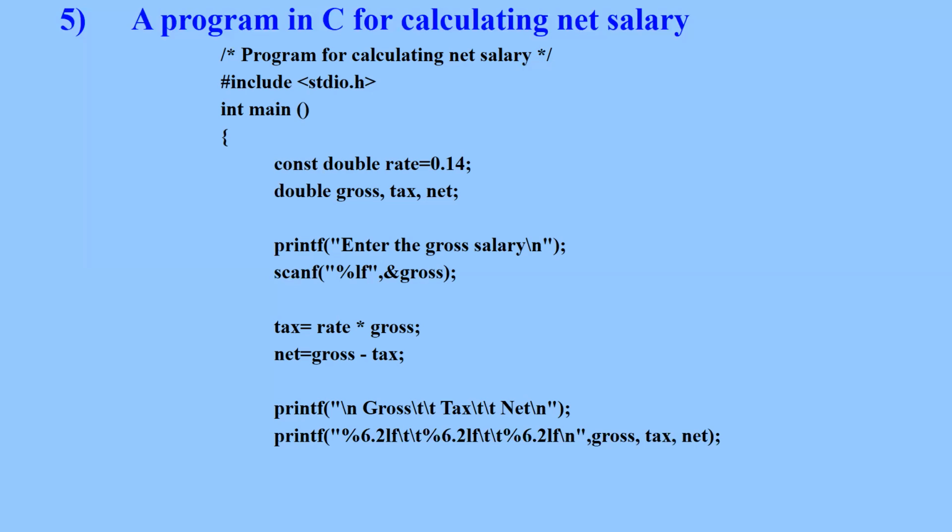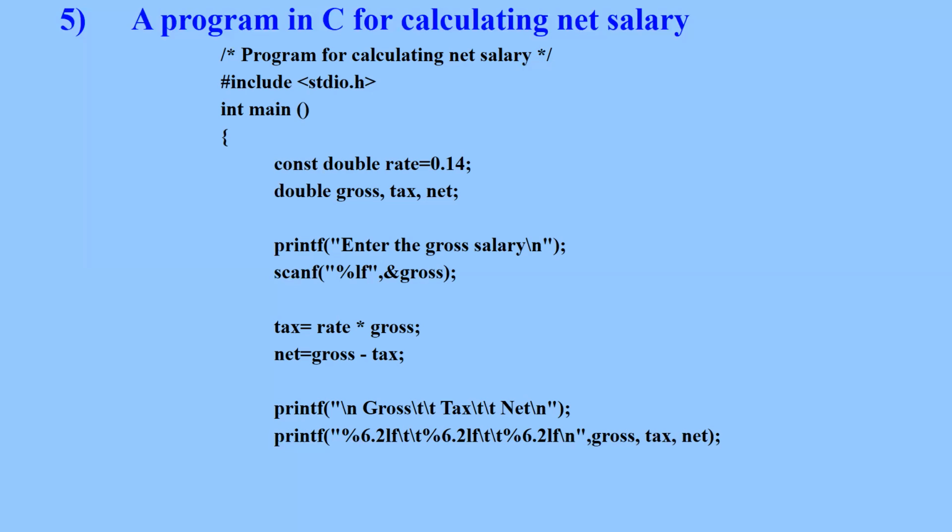So the value that is going to be entered should have at least a minimum of 6 characters, but even if there are more, the whole number part will be higher. The fractional part should not exceed 2 characters. So gross is formatted as at least 6 characters, with 2 of them being reserved for the fractional part.